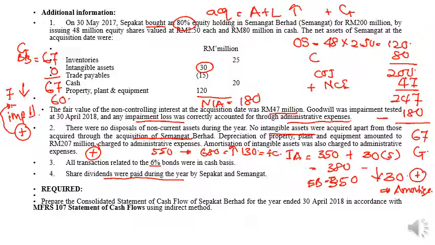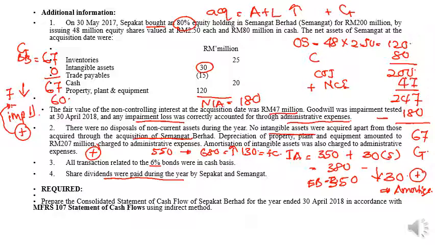Okay, this is the net asset of Semangat. When you total up all of this amount, you find that the net identifiable assets, NIA, equals 180. That is the amount of the NIA. Then we look at the NCI here.